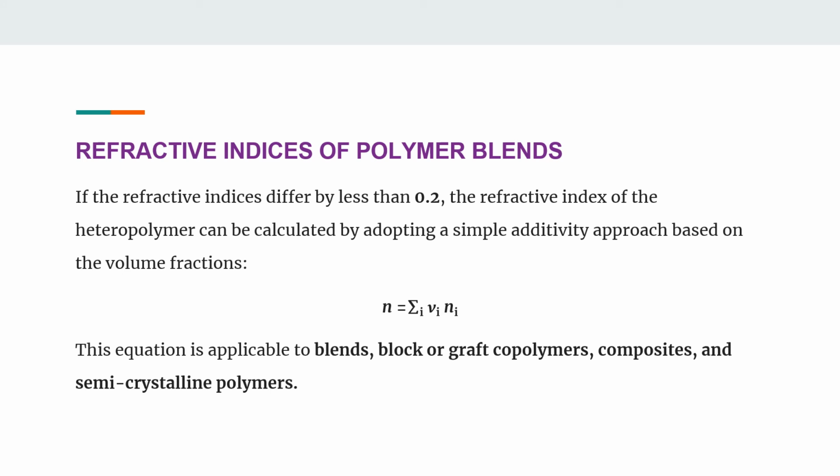If the refractive indices differ by less than 0.2, the refractive index of the heteropolymer can be calculated by adopting a simple additive approach based on the volume fractions. So this equation is applicable to random, block or graft copolymers, composites, and finally semi-crystalline polymers.